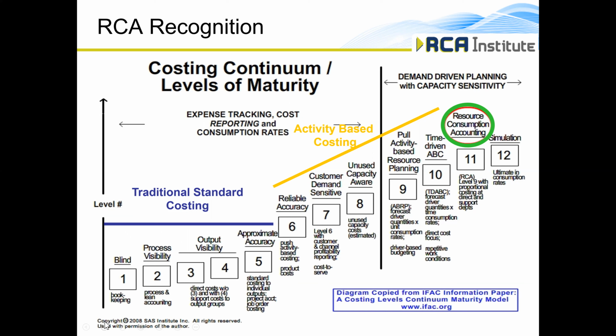RCA was judged as the most sophisticated approach to costing. You can see it starts with very traditional standard costing, goes through a series of different types of activity-based costing, finishes with RCA, and then goes on to show that the ultimate is full real-time simulation.